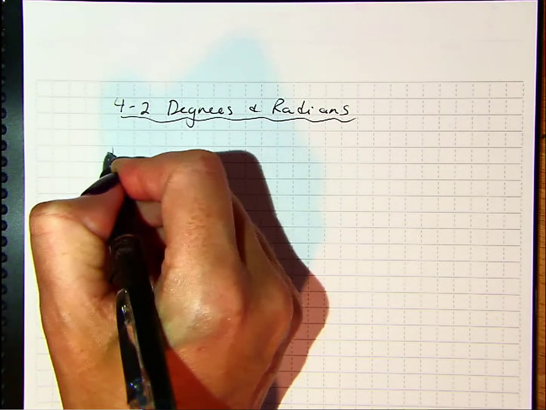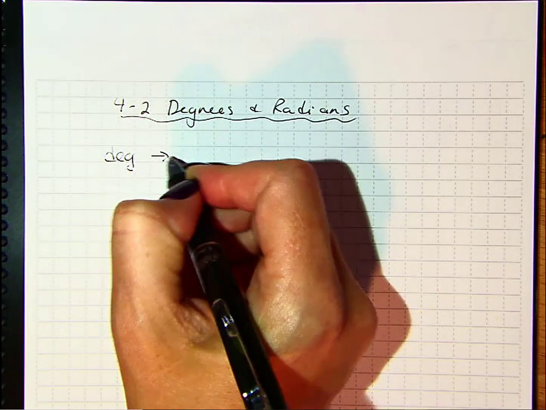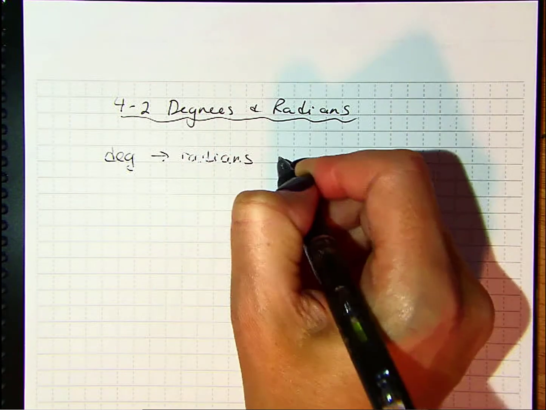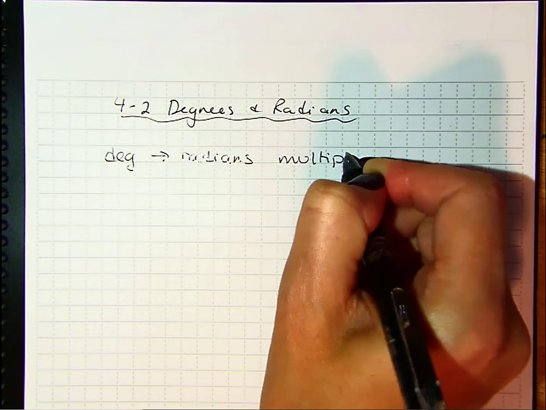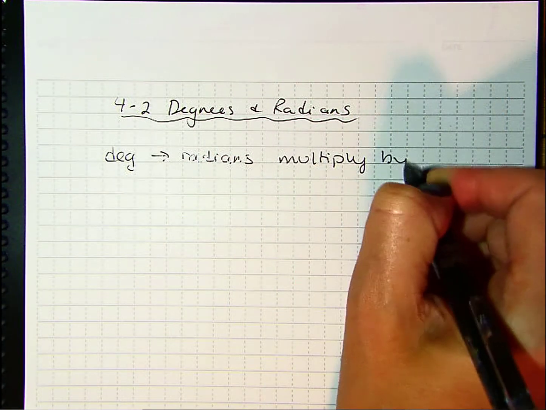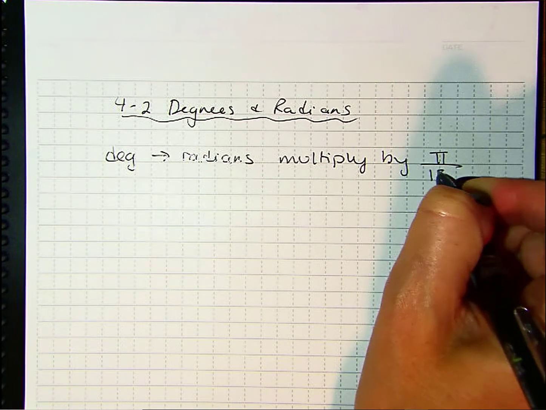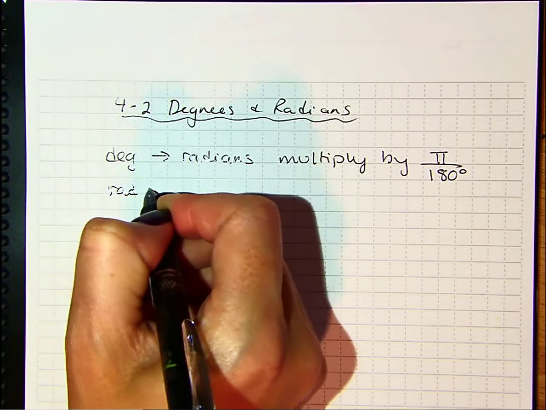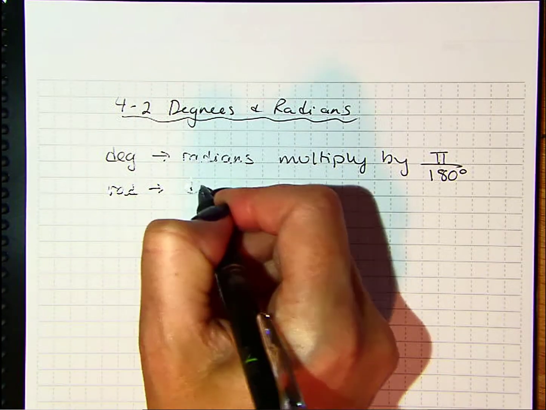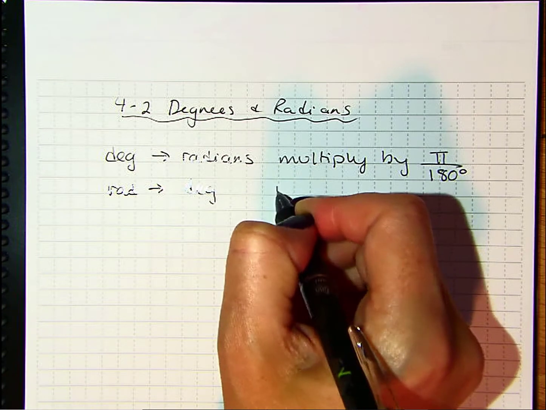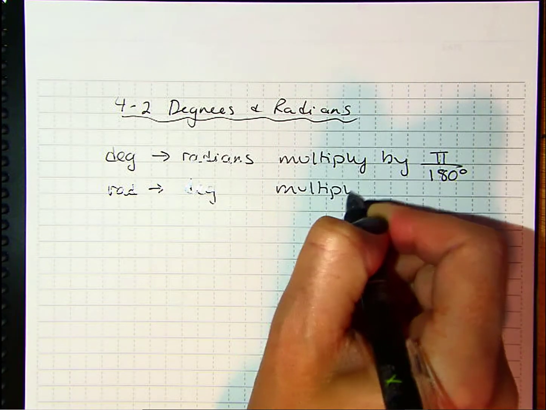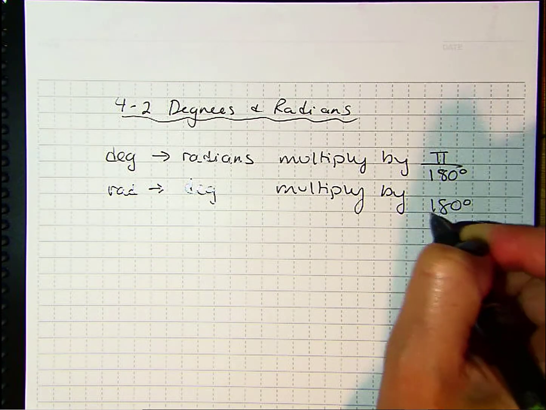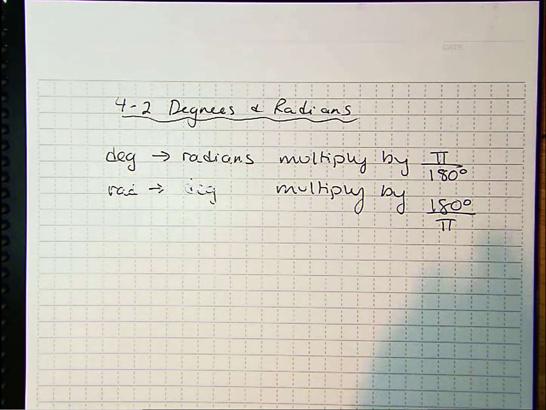So if we're given degrees and we want radians, we're going to multiply by pi over 180 degrees. If we have radians and we want degrees, we're going to multiply by the reciprocal, 180 degrees over pi.